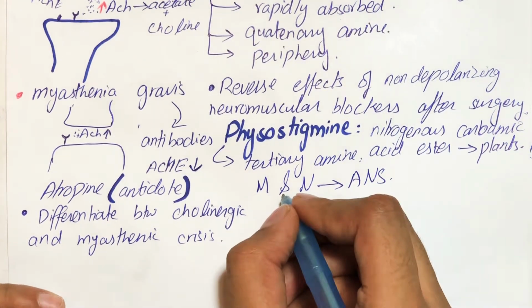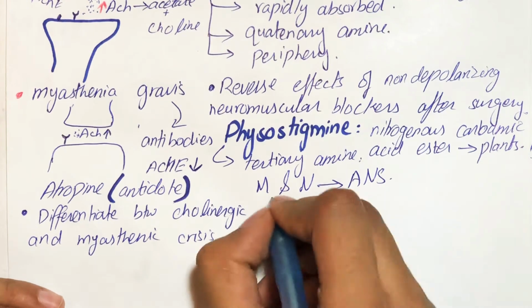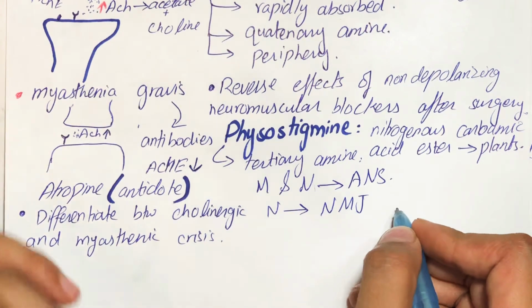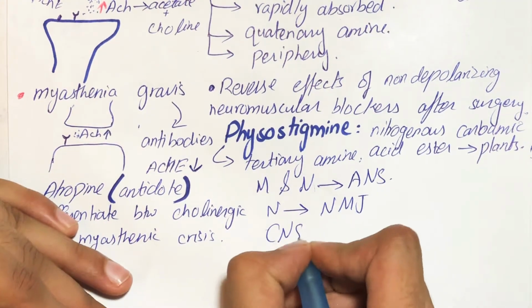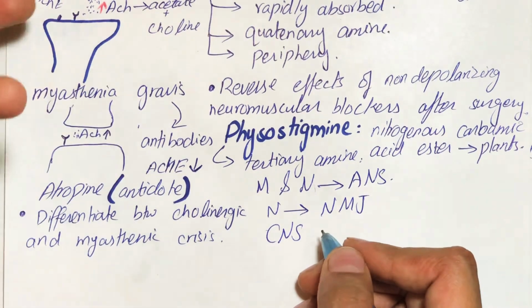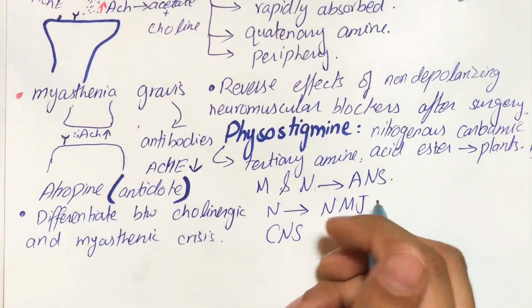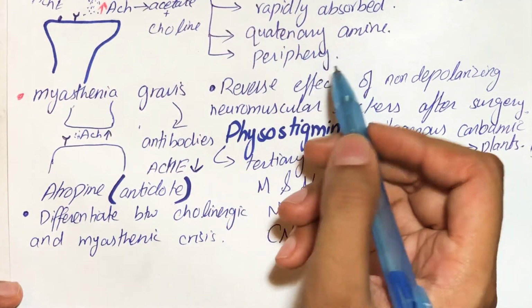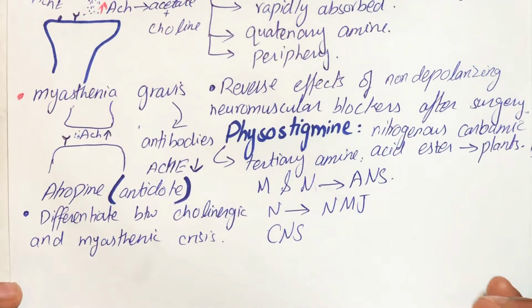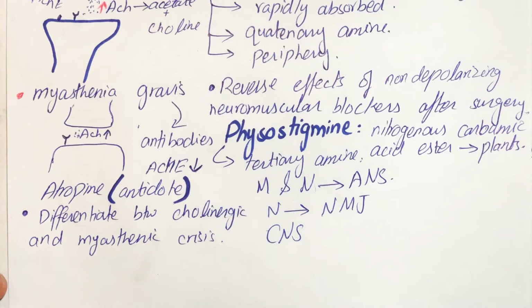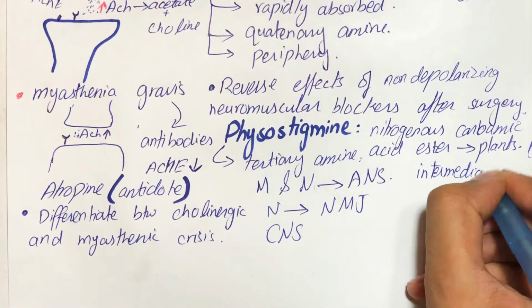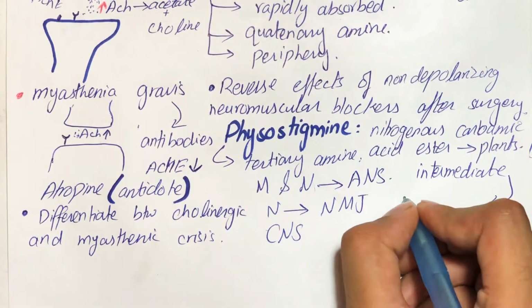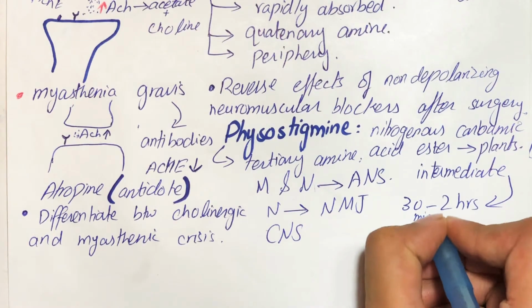Other than it, it also causes the stimulation of nicotinic receptors at neuromuscular junction. It can also cross CNS, so it will definitely show cholinergic effects in CNS, whereas Edrophonium, which we discussed previously, was only involved in peripheral cholinergic effects. Physostigmine is considered an intermediate acting agent because its duration of action is about 30 minutes to 2 hours.